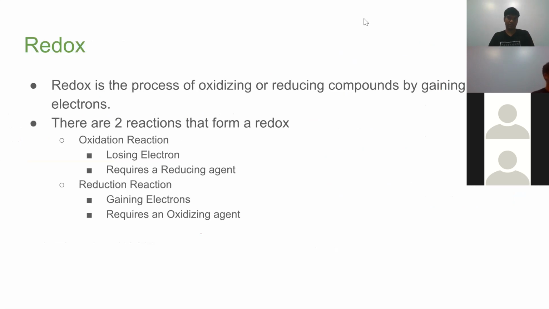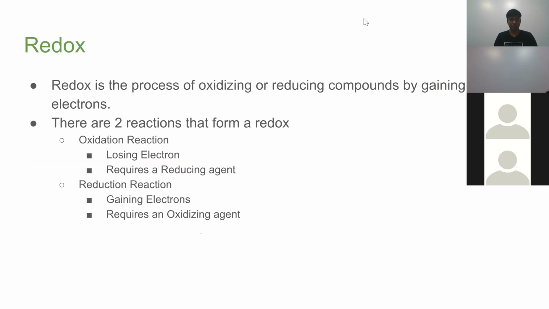A redox is the process of oxidizing or reducing compounds by gaining or losing electrons. In the discussion that Dr. Kelly posts, there's a more descriptive idea of how redox is constructed. So I suggest that all of you look at that after the session, and also be prepared to go over redox on Monday.